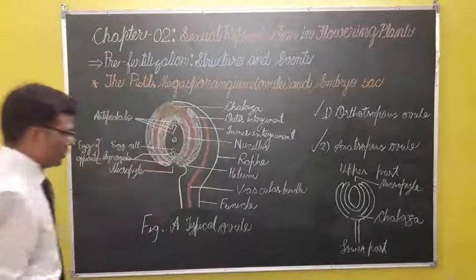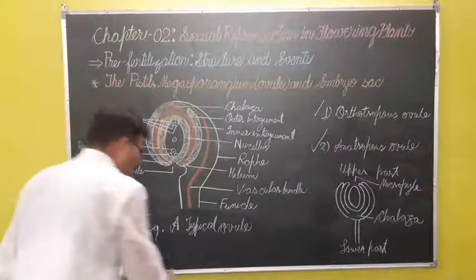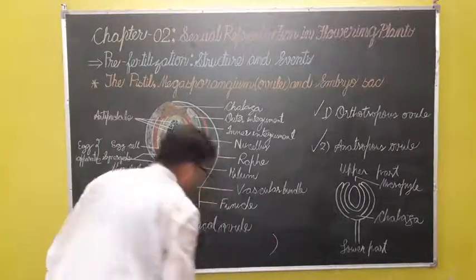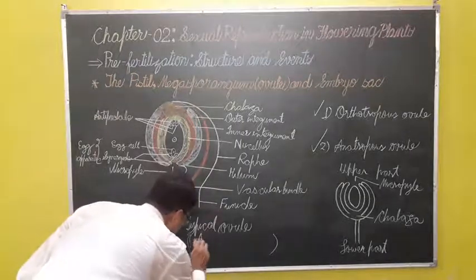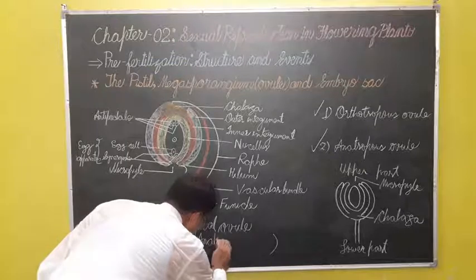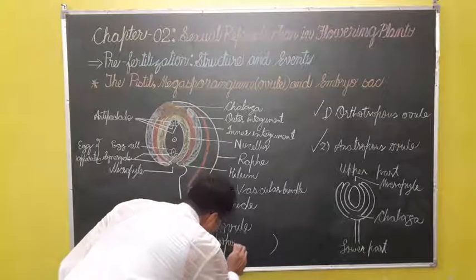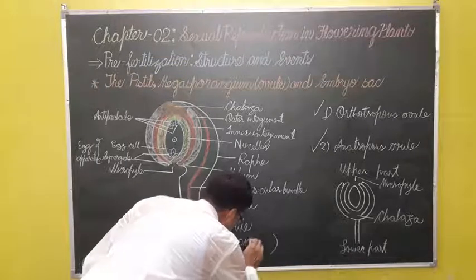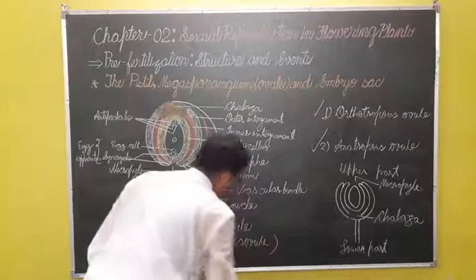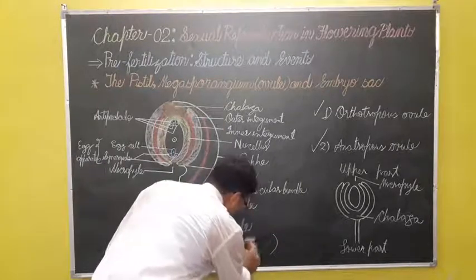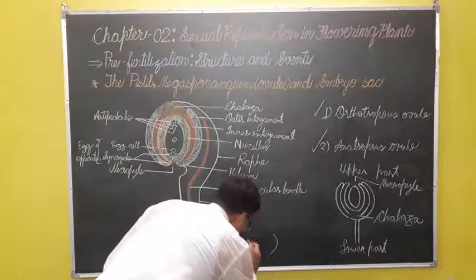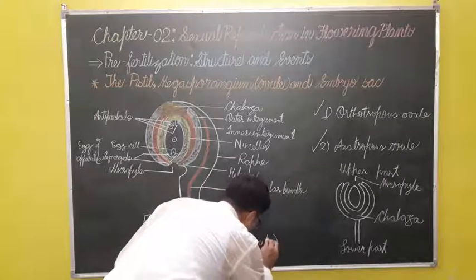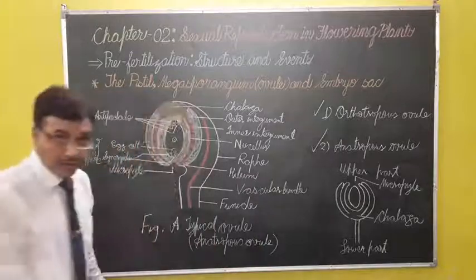And a typical ovule is also called what? Anatropous ovule. Right, students?